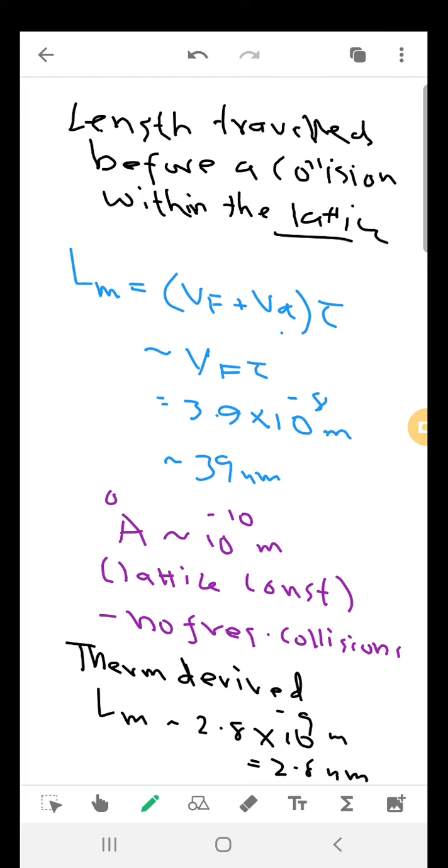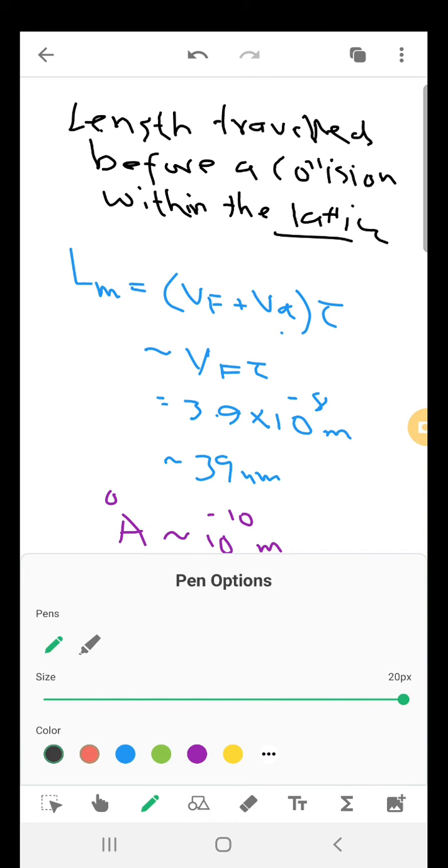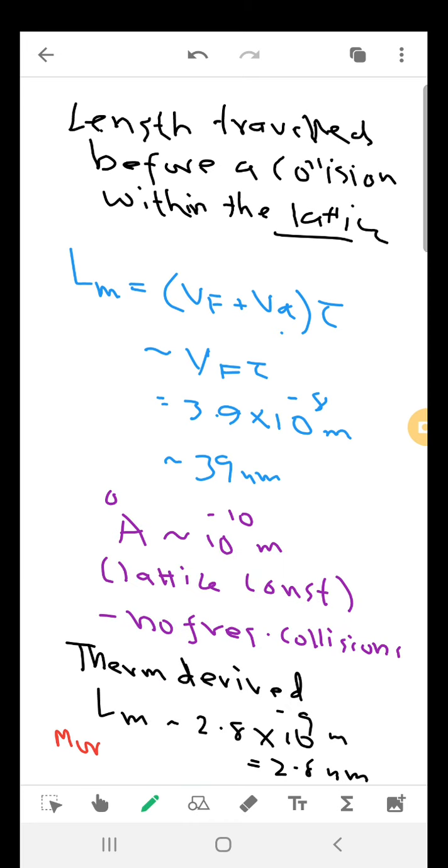So due to this we will have more frequent collisions. So it is suggesting something. What it is suggesting is that due to the application of this electric field and due to the shift involved in the Fermi space, we are actually avoiding some collisions that would have normally occurred in electron transport.